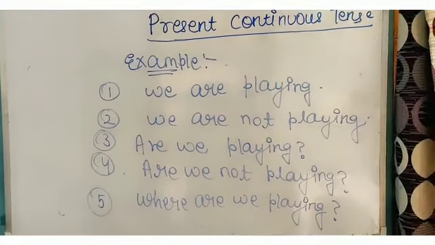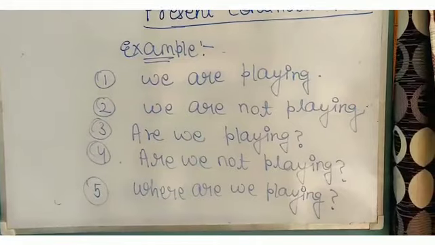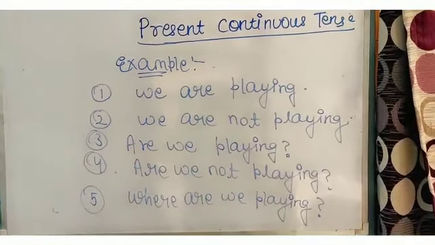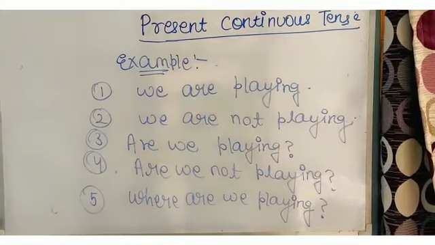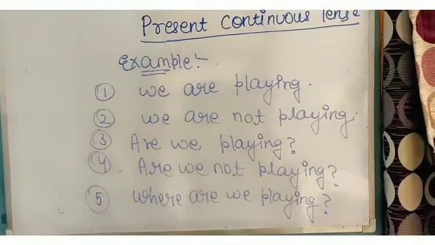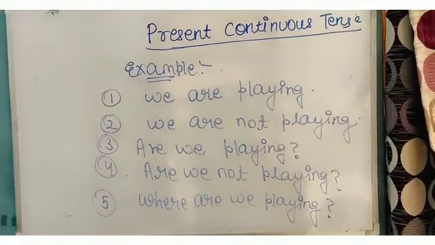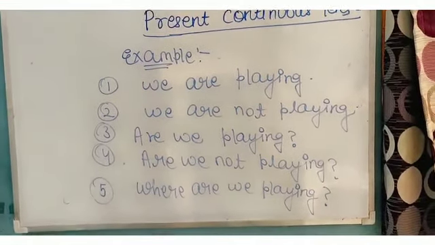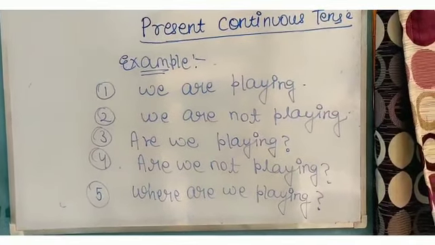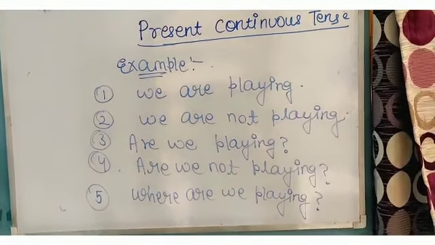Here you can see some examples. Affirmative sentence, we are playing, हम खेल रहे हैं, right? Now the example of a negative sentence, हम नहीं खेल रहे हैं, we are not playing. Now the example of an interrogative sentence, क्या हम खेल रहे हैं? Are we playing? And the fourth is negative interrogative, क्या हम नहीं खेल रहे हैं? Are we not playing? And the fifth is the example of WH family word, हम कहाँ खेल रहे हैं?